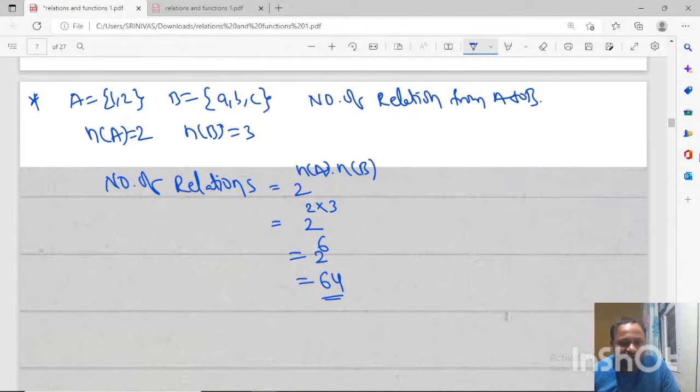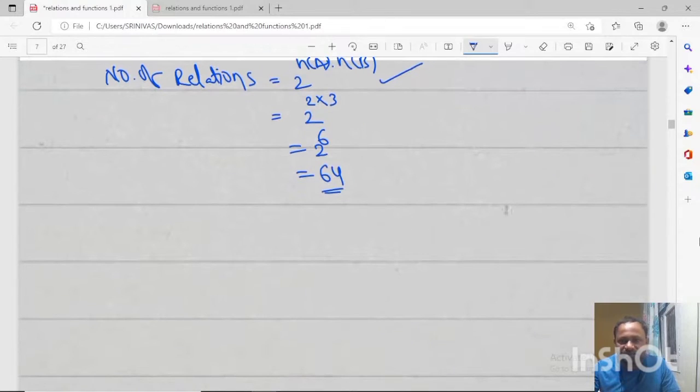So that will be the number of relations. By using the formula 2 power n of A into n of B, I got the answer. Understood? Very easy. Next, I will move on to one more condition.